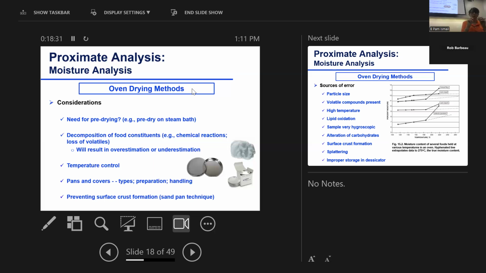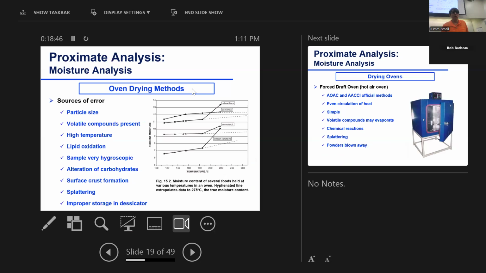So they put special clean sand in the pan and mix it really well to avoid clustering of the sample and forming crust at high temperature. All of this will help you when you're looking at your data and determining why some methods are better than other methods. Based on the data you collect, you can think about those issues.